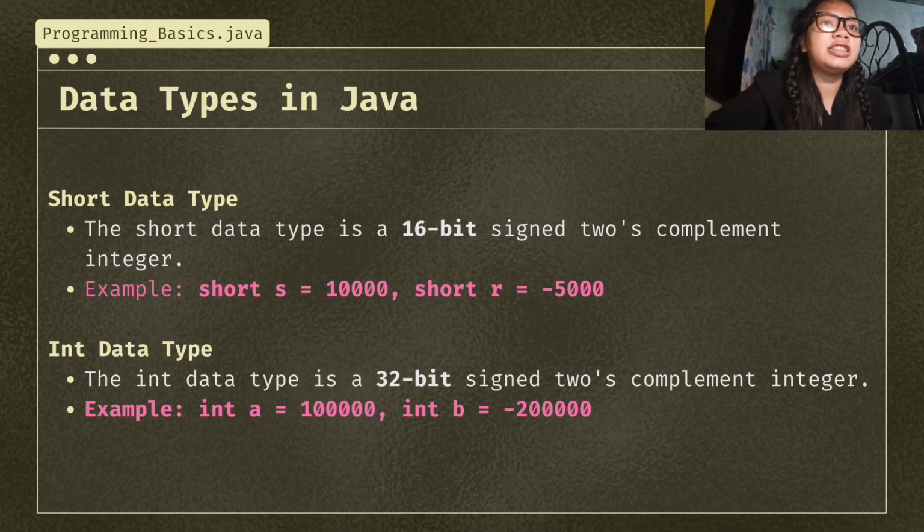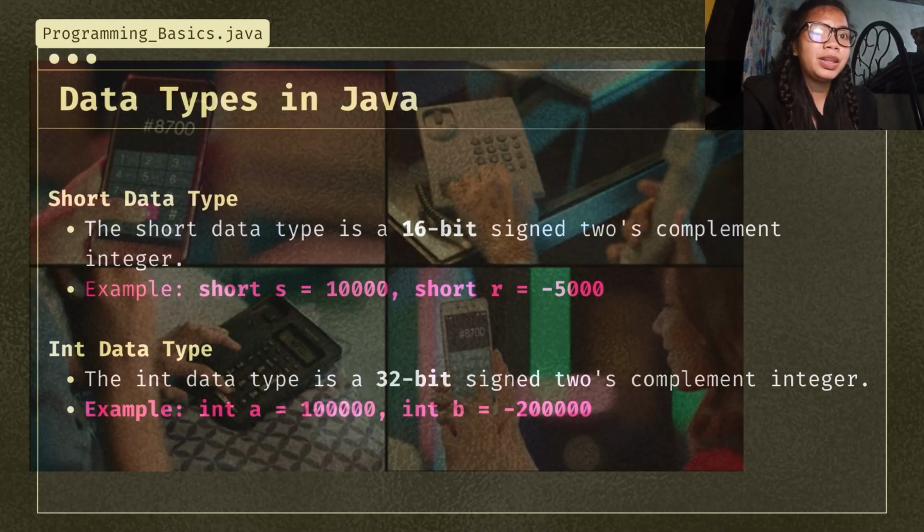And for the integer or int data type, its purpose is to store standard whole numbers. Its size is a 32-bit signed integer, and it ranges from -2,147,483,648 to 2,147,483,647.